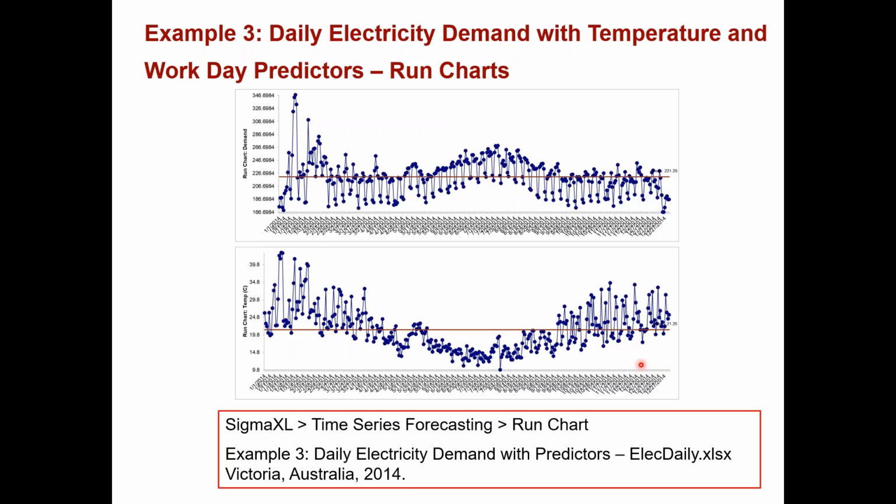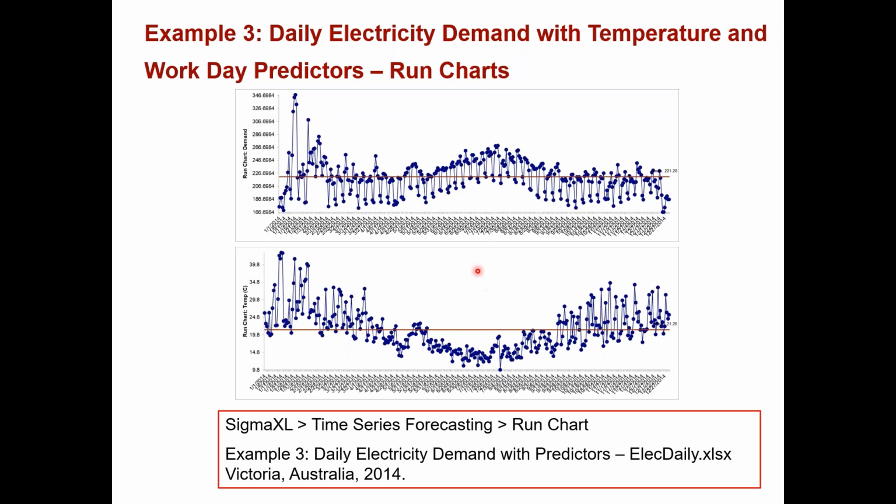So we're going to look at this electricity demand. This is actually daily electricity demand with predictors, again from Hyndman's book, FPP2. And you can see this is Australian data. So basically, this is demand versus temperature. You can see when the temperature is high, the demand is high.